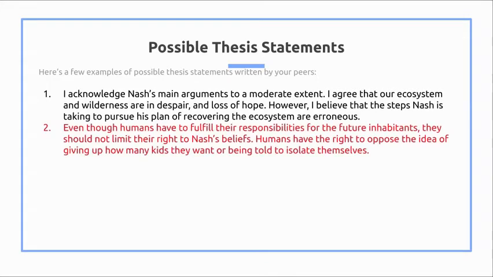So next, even though humans have to fulfill their responsibilities for the future inhabitants of Earth, they should not limit their right to Nash's beliefs. Okay, that phrase is a little bit confusing to me there. Limit their right to Nash's beliefs? Humans have the right to oppose the idea of giving up how many kids they want or being told to isolate themselves.